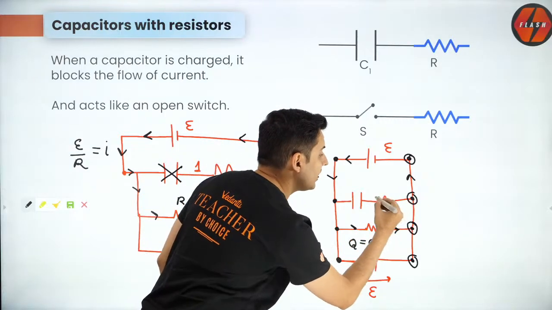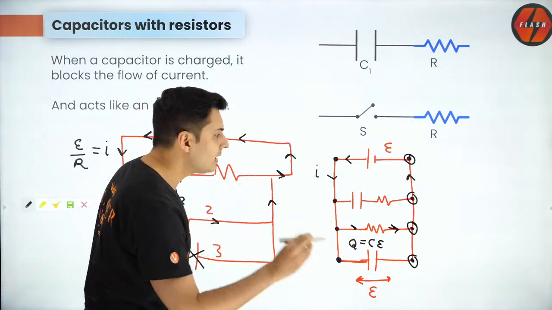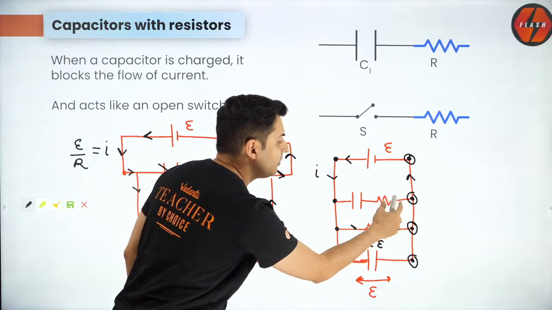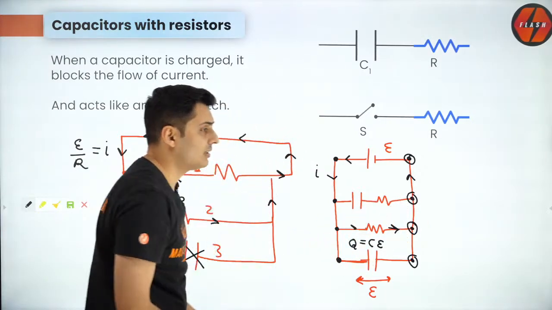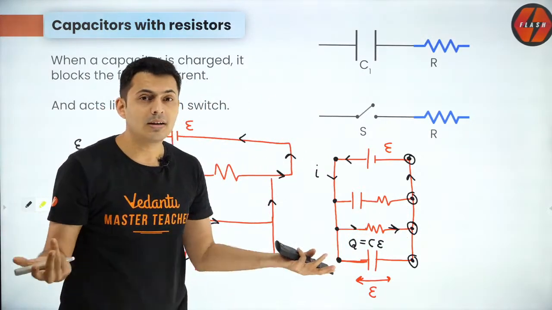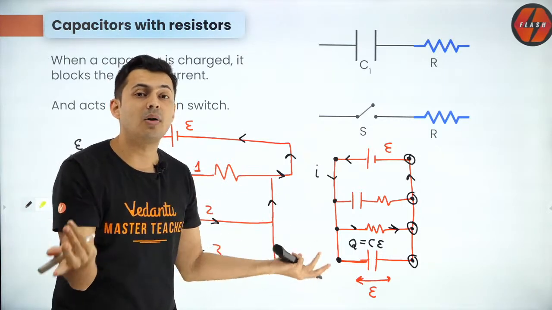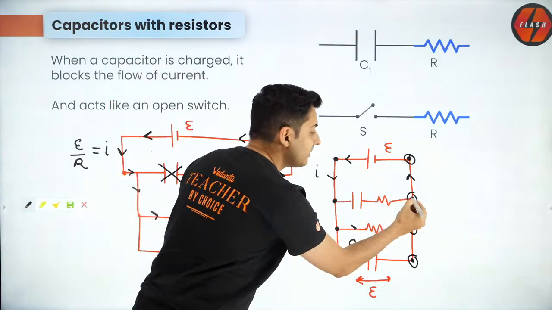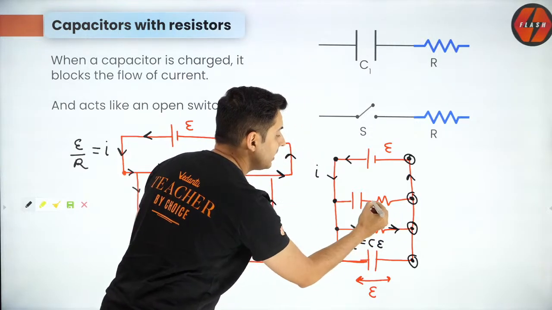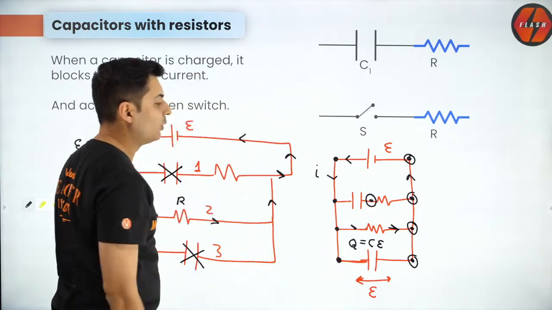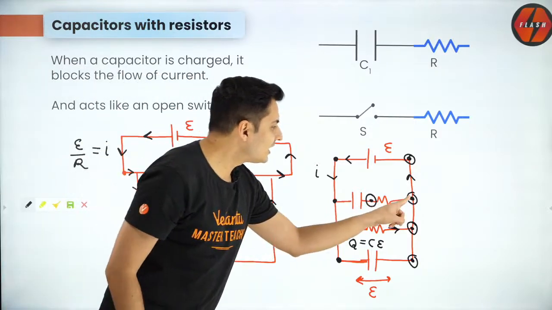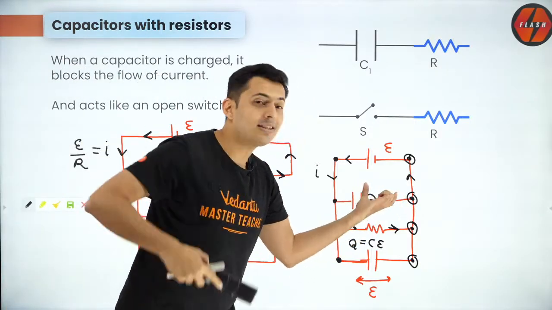So if there is no current flowing through this branch, think about it. Won't there be 0 voltage difference across the resistor? No current flowing through the resistor. So what is the voltage difference? 0. So if there is no voltage difference, this point and this point will be at the same voltage, because there is no current.